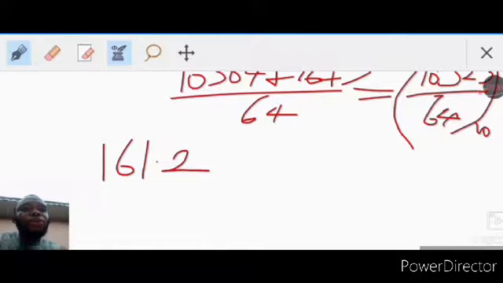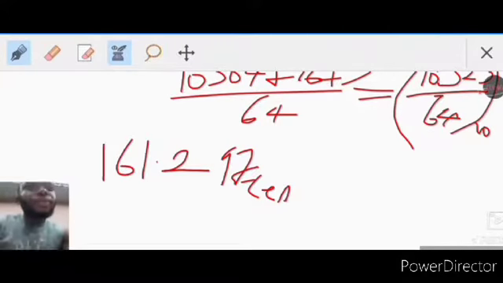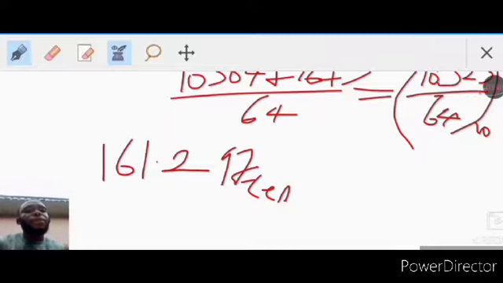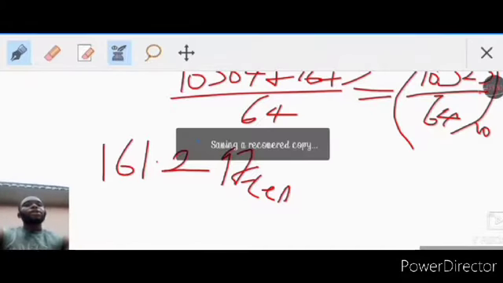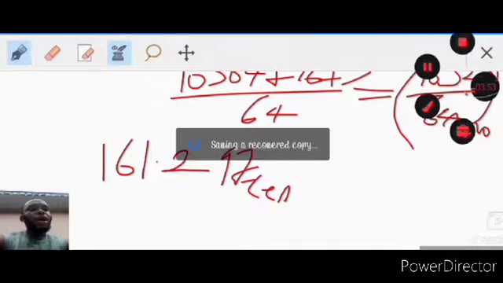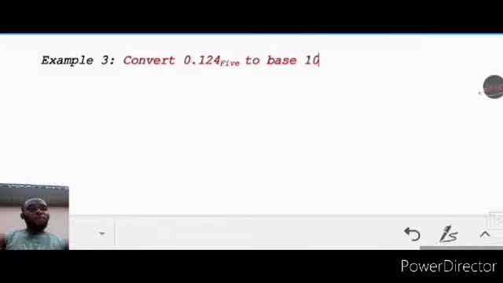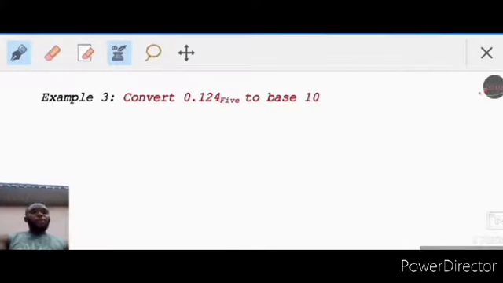So let's look at our next. Okay, now example 3, convert 0.124 base 5 to base 10. So do the same thing that we were doing over there.